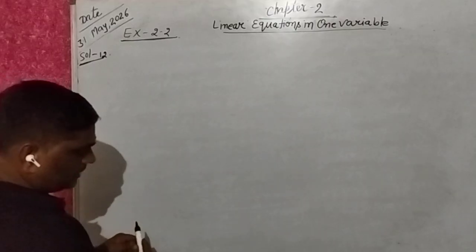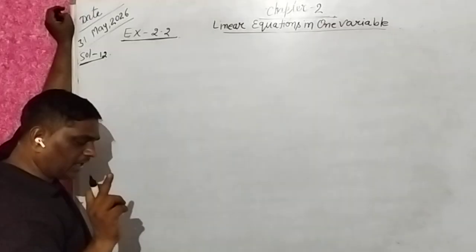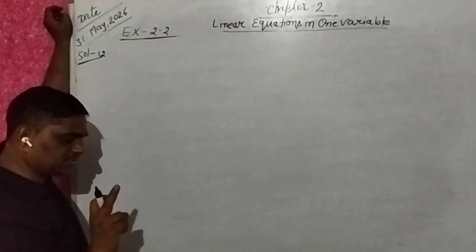Question 12. You ask: 15 years from now, Ravi will be 4 times his present age.